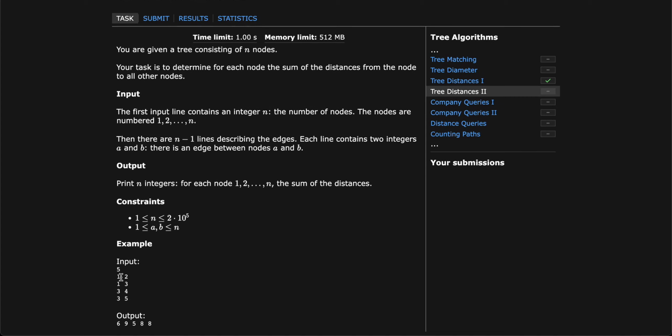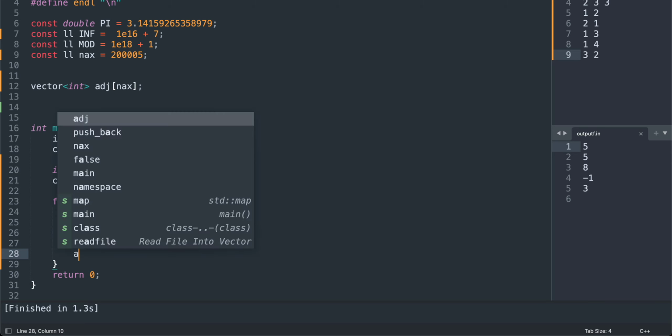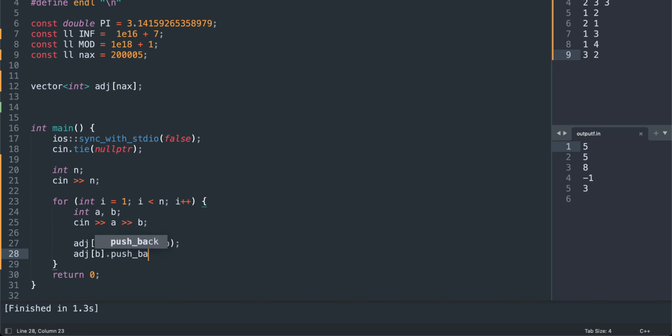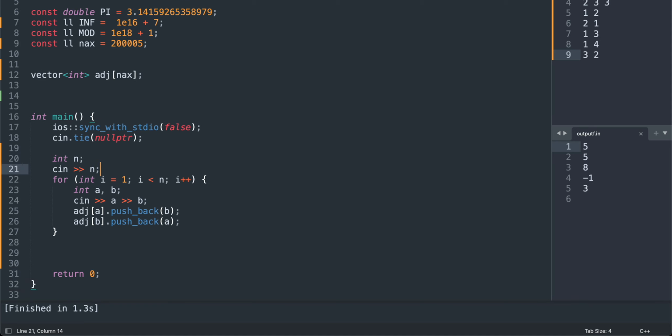Yeah, A and B, that means adjacency of A dot pushback B and adjacency of B dot pushback A, right? Okay, we have read n and all the edges.